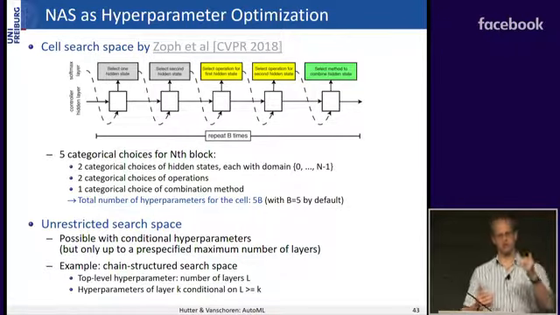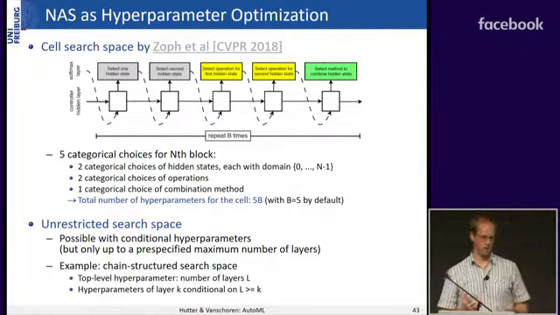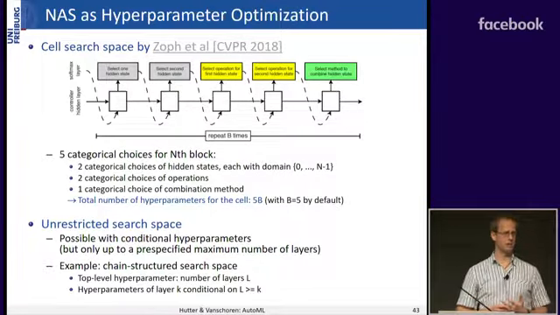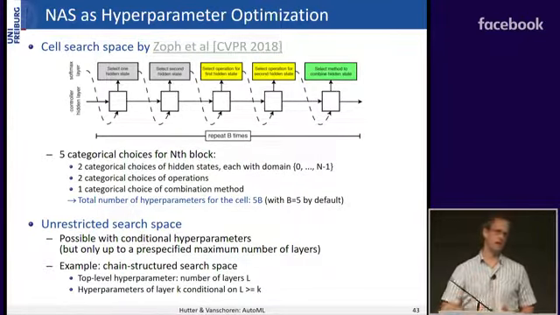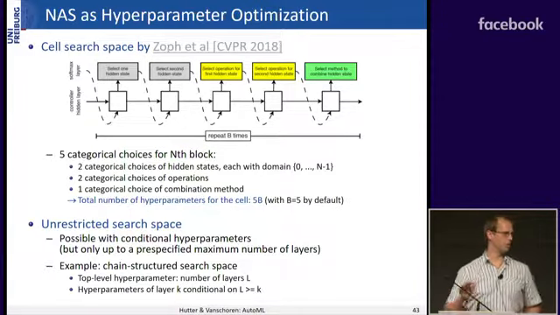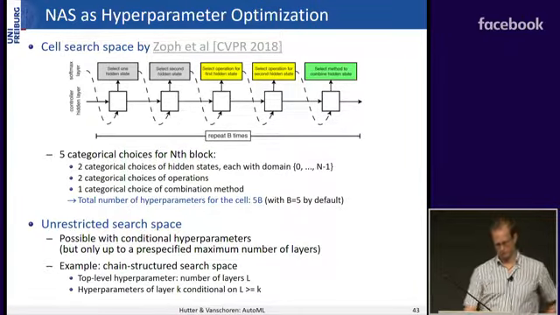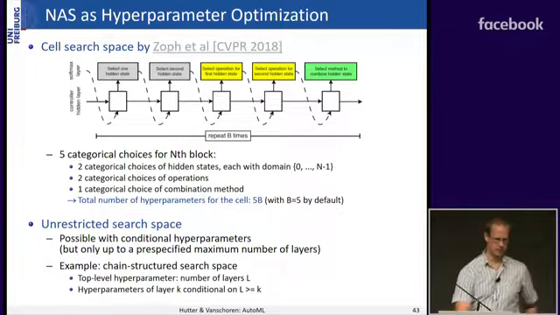And you have this top level hyperparameter that's the number of layers, and for everything that's larger than that, all the hyperparameters are just not active. All right, so that's how you can write neural architecture search as hyperparameter optimization.